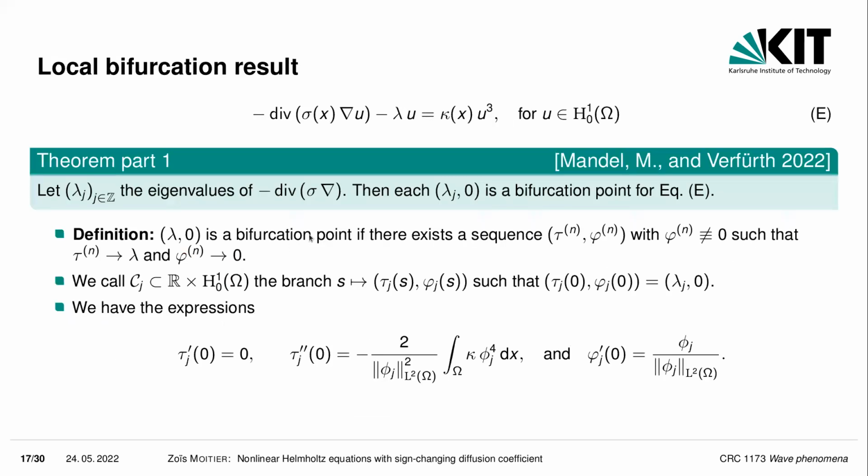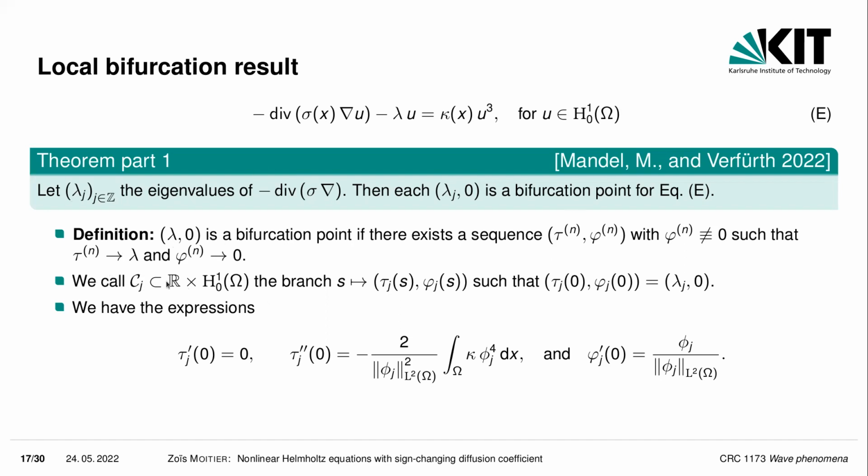And so what we're saying is that all the eigenvalues are bifurcation points. Actually, it's easy to see that the bifurcation points can only be the eigenvalues of the operator. And here we are saying basically the inverse: all the eigenvalues are bifurcation points independently of their multiplicity.